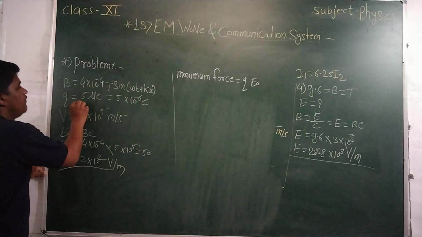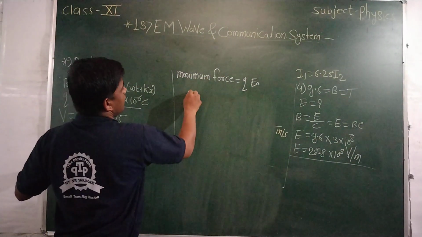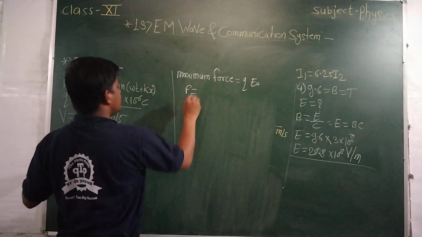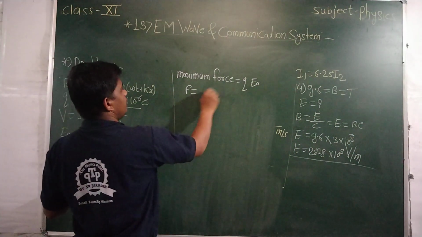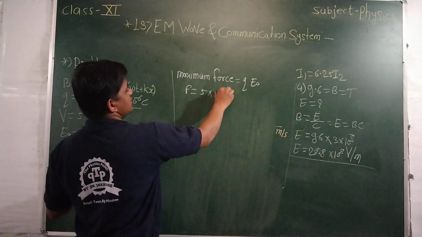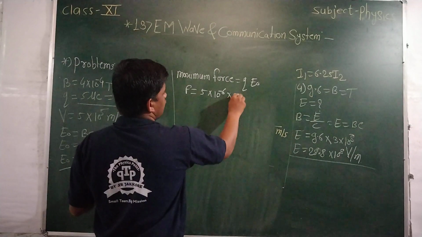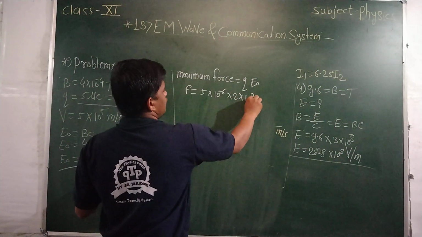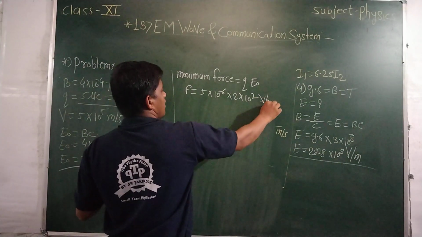We calculated the electric field here, and we know the value of Q. Then the maximum force F is equal to Q, which is 5 into 10 raised to minus 6 coulomb, into the electric field, 2 into 10 raised to 2 volt per meter.